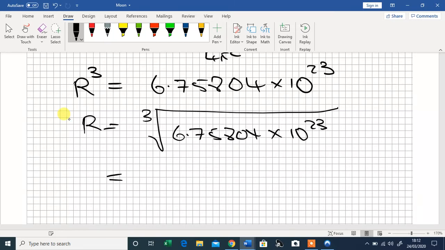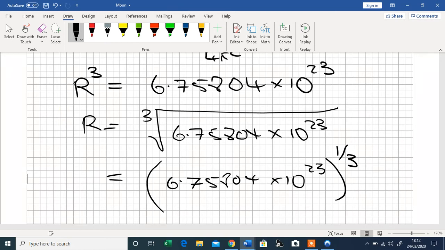So that's equal to 6.75804 times 10 to the 23, all to the power of 1/3.